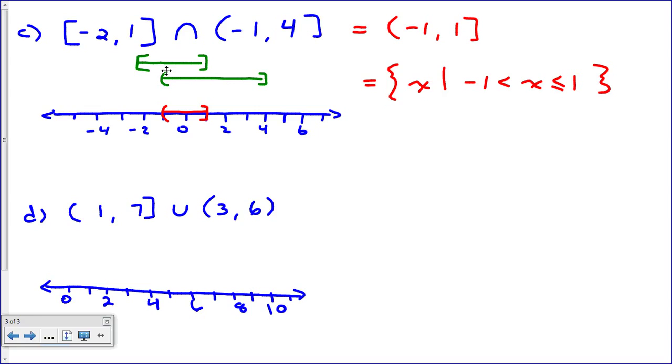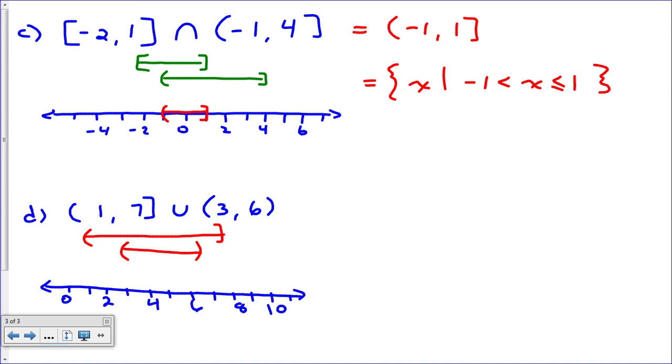Okay, and one more example, which is a union again, so we'll take everything. We're going from 1 to 7, including 7. And we're going from 3 to 6, just with round brackets.